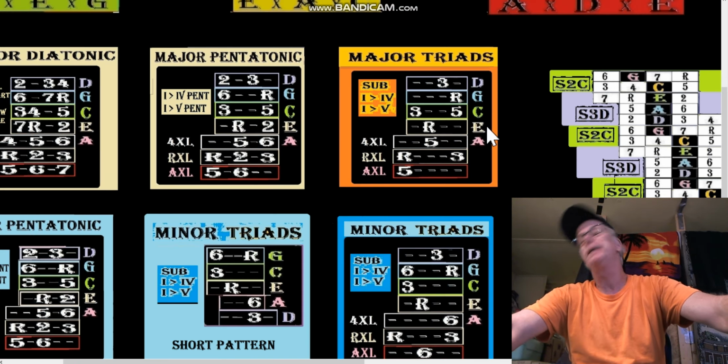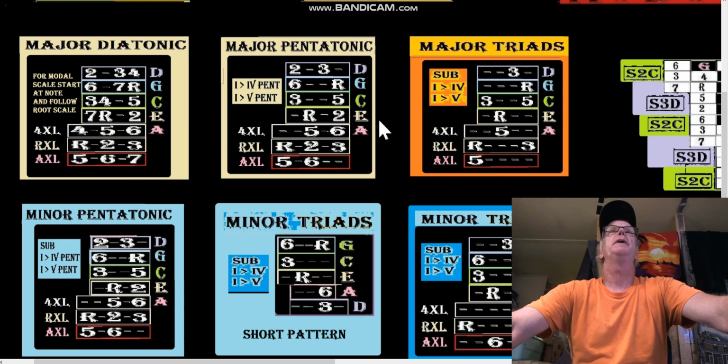I was going to play it. And then we have the long patterns diatonic here.